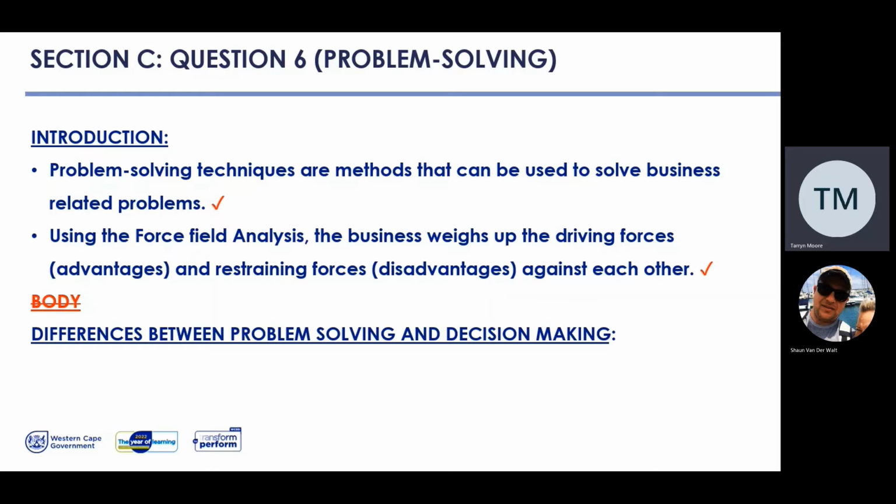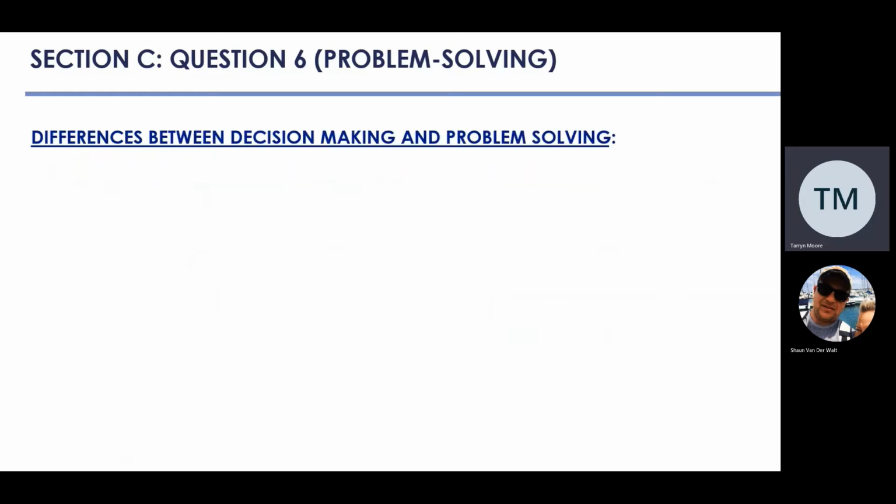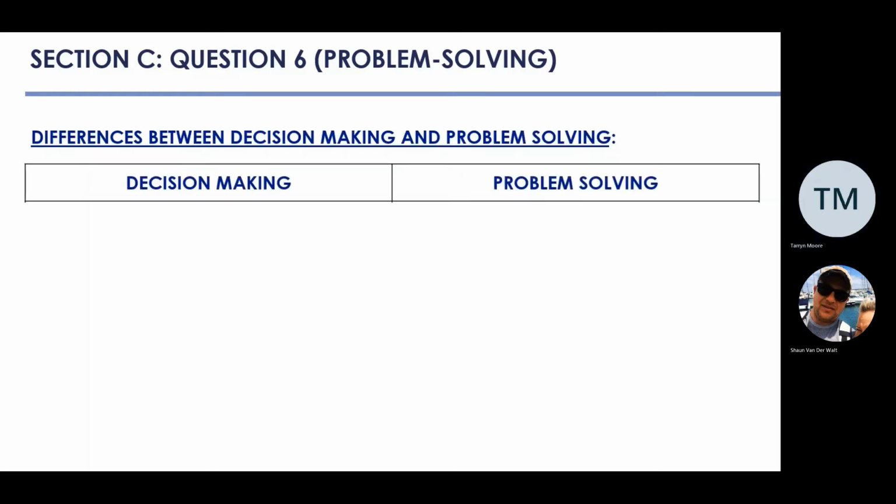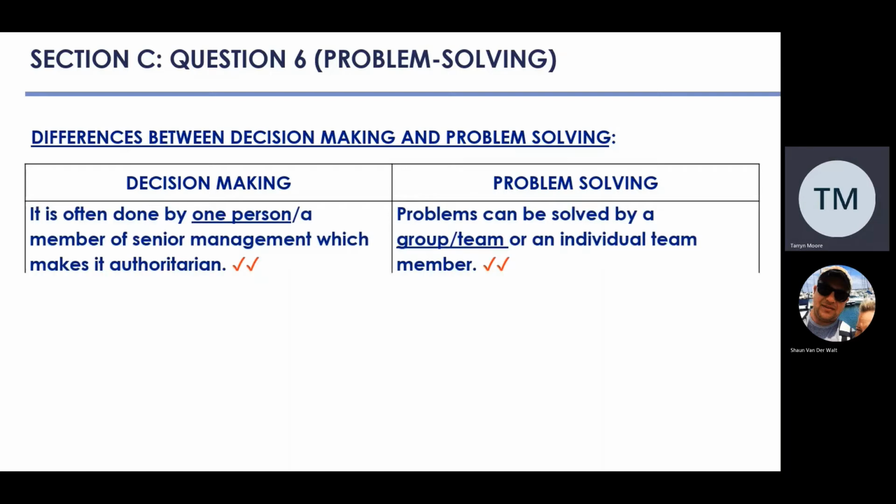When we look at the differences of problem solving and decision making, again, we utilize like for like. When I make a decision, I am one individual of a member of the senior management, which is in the authoritarian position. So it's one person making the decision.